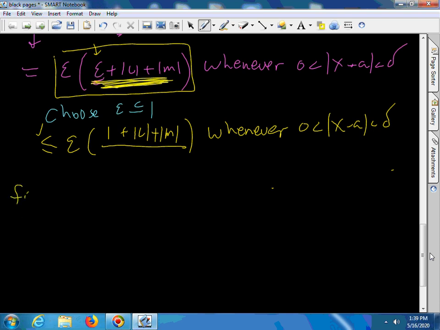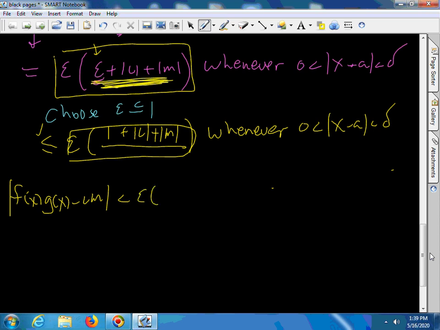We showed that f of x g of x minus LM is less than epsilon times 1 plus L plus the absolute value of M whenever this is true.